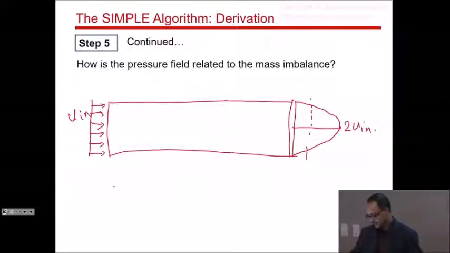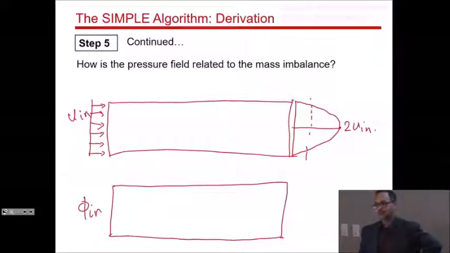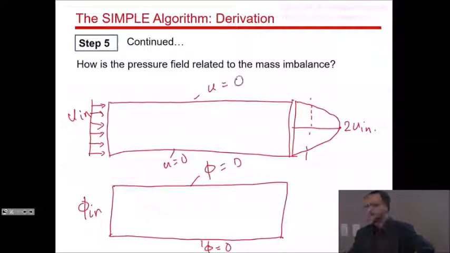So here's the thing. I'll draw an analogy so you can understand. Suppose instead of u in, now I think about a passive scalar, phi in. Okay? And let's say the value of phi is equal to 0 here, phi is equal to 0 here, just like you have u equal to 0 here and u equal to 0 here.